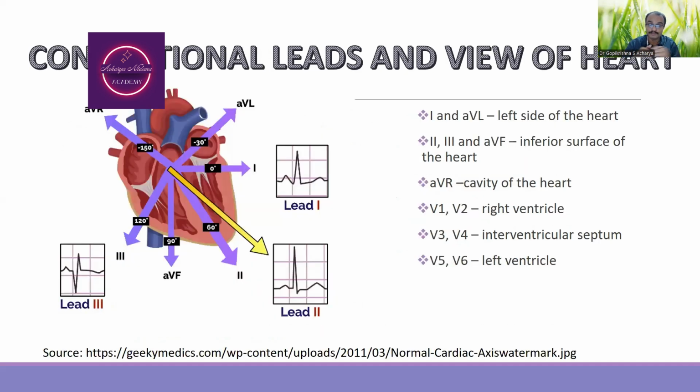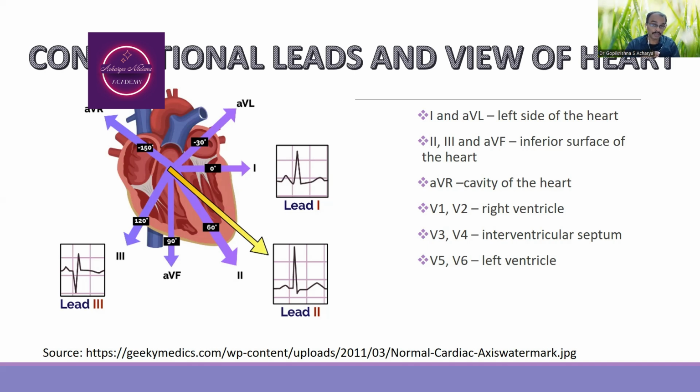As far as the conventional leads and views of the heart, 1 and AVL represent the left side of the heart, whereas 2, 3 and AVF represent the inferior surface of the heart. AVR represents the cavity of the heart, that means electrical potentials are not usually recorded. V1 and V2 represent the right ventricle.